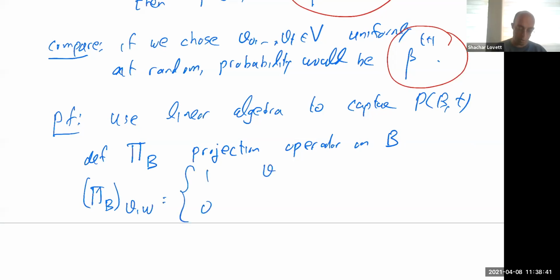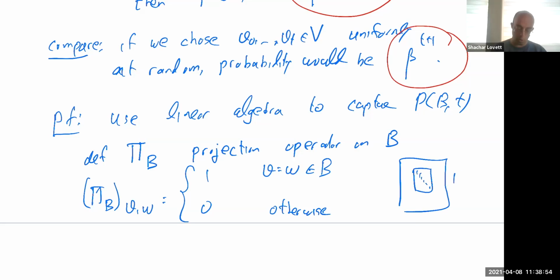It's 1 if V equals W and they both lie in B, and it's 0 otherwise. So it's just a diagonal matrix that has 1 in the entries corresponding to B, and 0 otherwise. So that's a projection matrix. If I take a vector and multiply by pi b, it basically erases all the coordinates outside B.